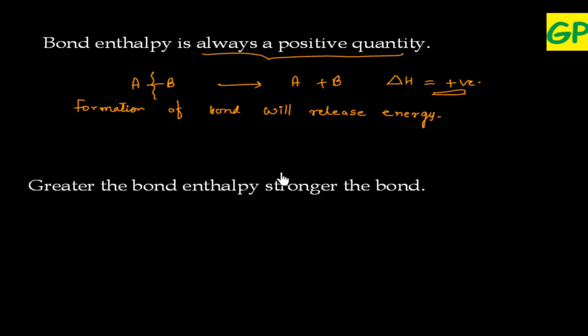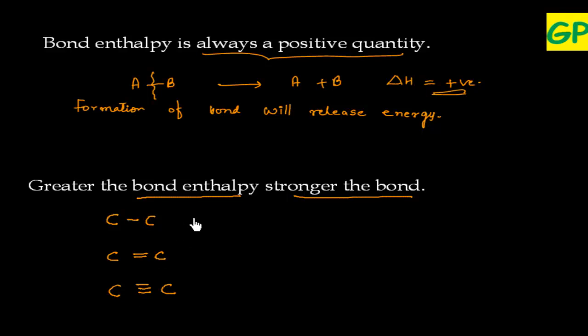Now the next important point: greater the bond enthalpy, stronger is the bond. This we have seen from the last. You can have a CC single bond, a CC double bond, and a CC triple bond.